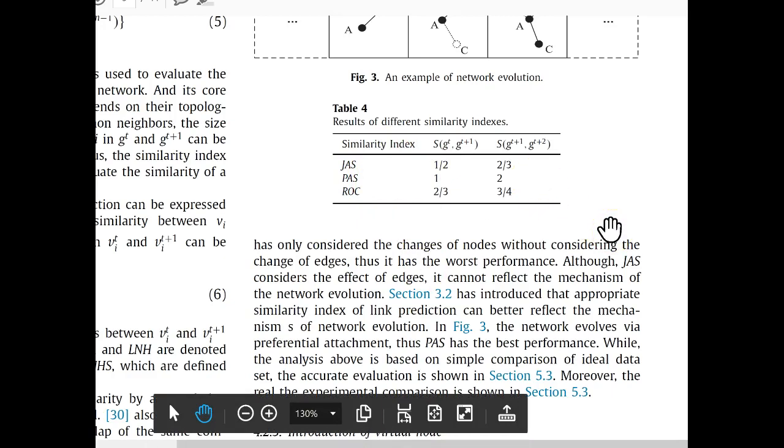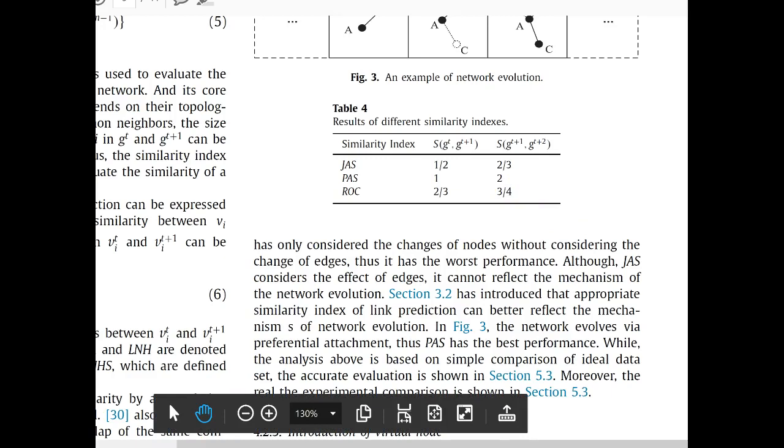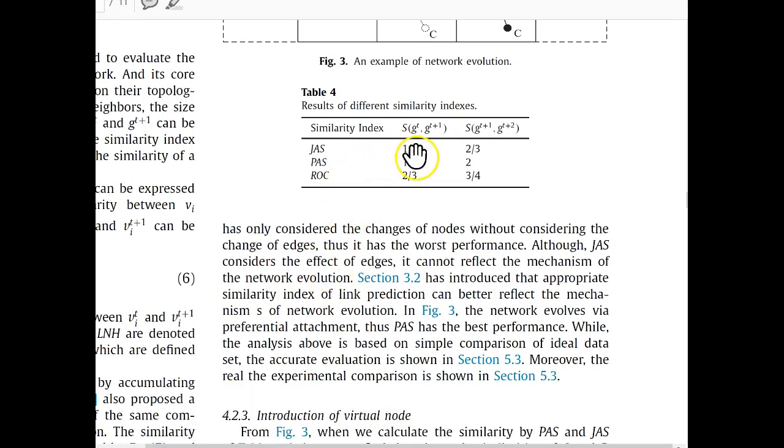I looked at the text, and the story they end up telling is that JAS consistently falls between these two. I forget, it has something to do with the order of these, but they aren't in any particular order. Okay, it's supposed to be that JAS is better than ROC, which is better than PAS.